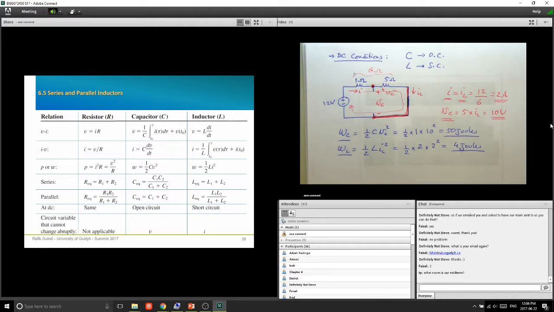But because of the dV/dt part of the capacitor equation or di/dt part of the inductor equation, we have some limitations here. For the capacitor, the voltage cannot change instantaneously. Otherwise, dV/dt would go to infinity, and that cannot happen. And for the inductor, it's the current. The current cannot change instantaneously in an inductor. So you have to keep that in mind.